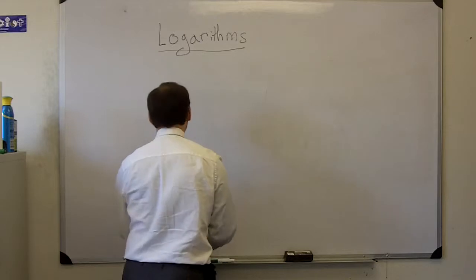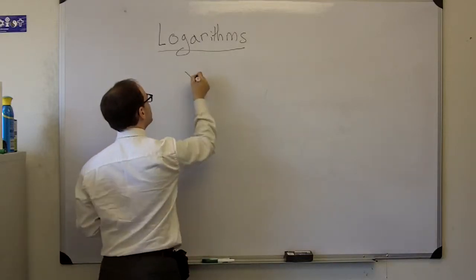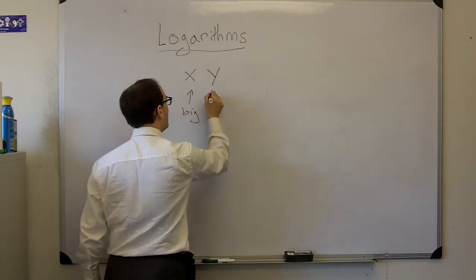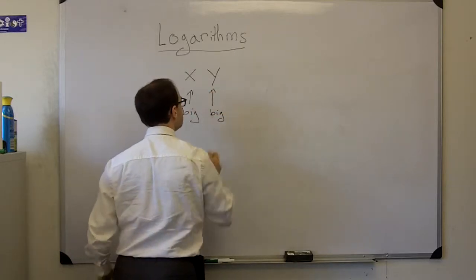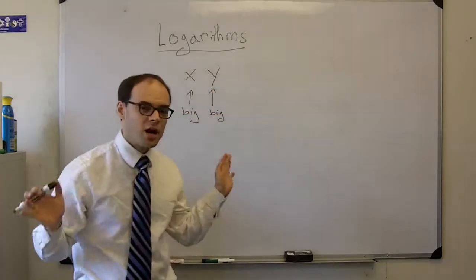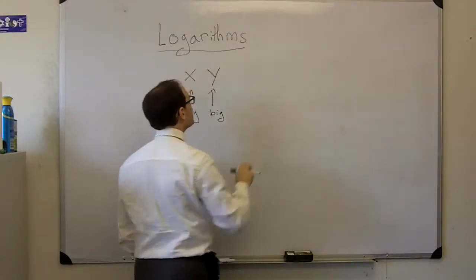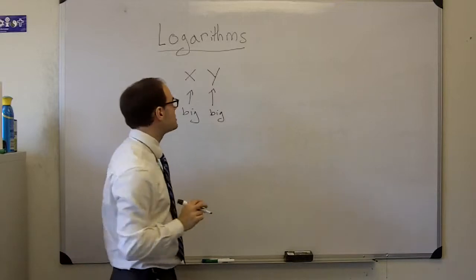Let's say you want to multiply a big number x and a big number y. These are both big, unfortunate numbers. Now, let's say we have a table of base 10 logarithms.